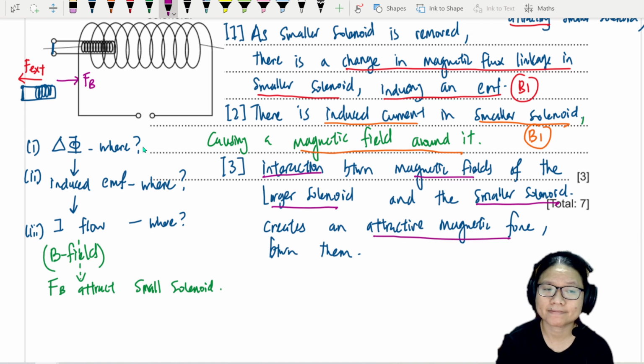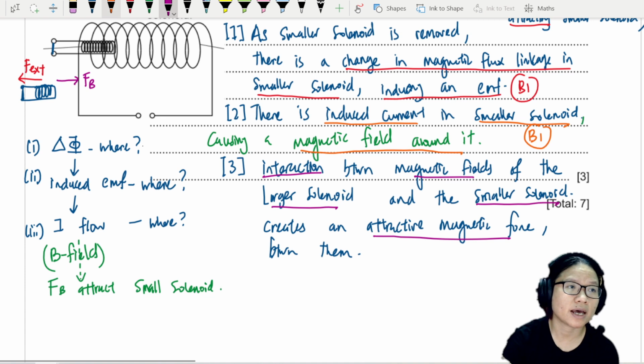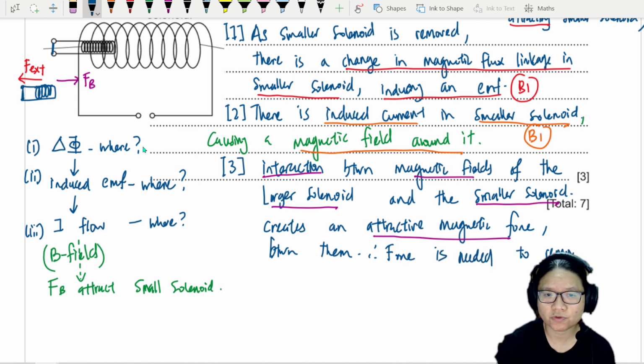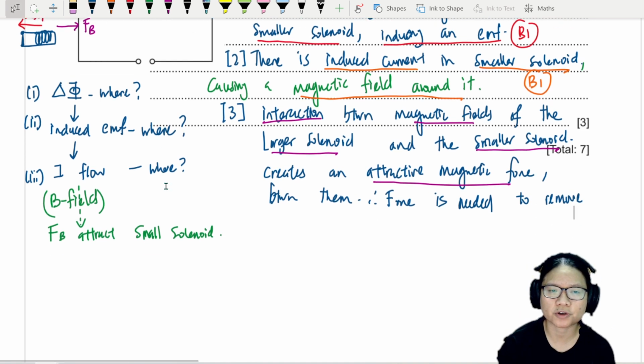Because now there's an attractive magnetic force between the solenoids, hence an external force is needed to remove the smaller solenoid.